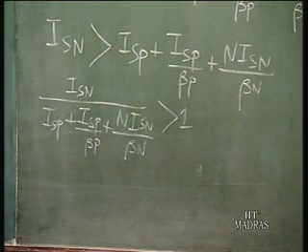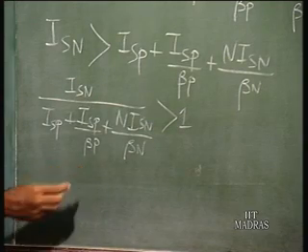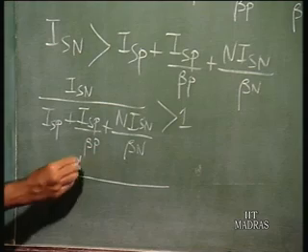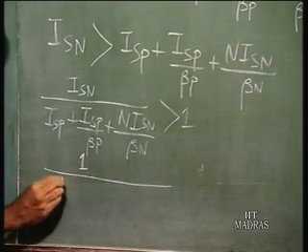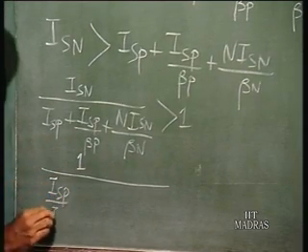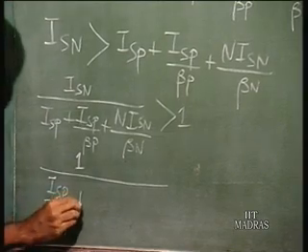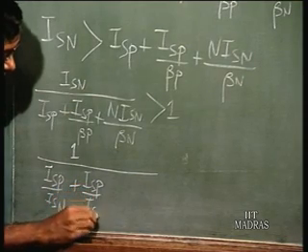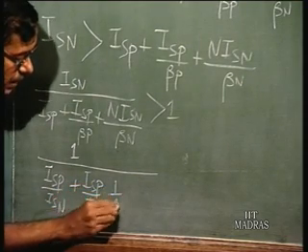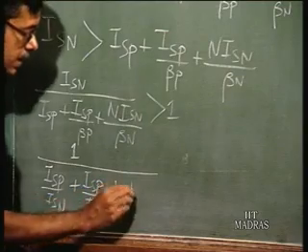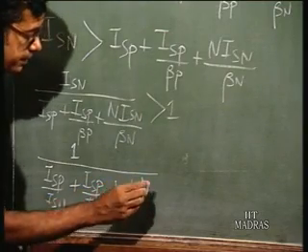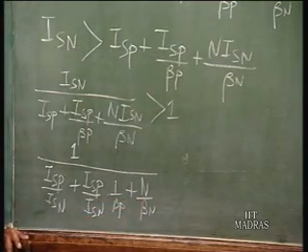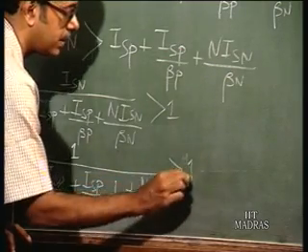Or you can write 1 by, 1 by ISP by ISN plus ISP by ISN into 1 by beta p plus n times n by beta n, must be greater than 1.